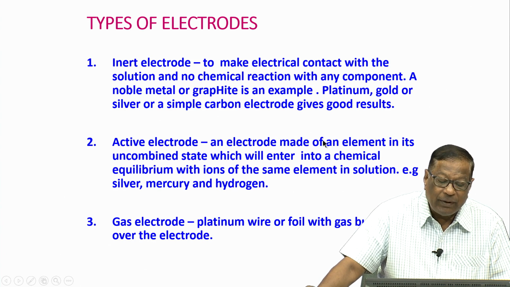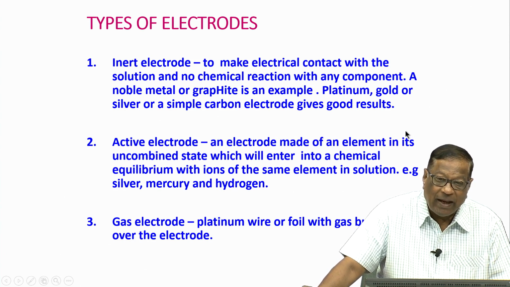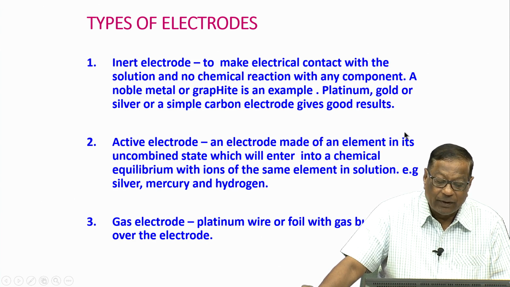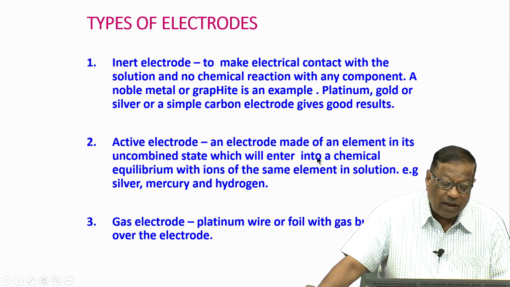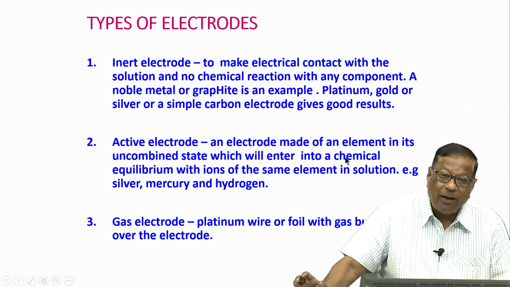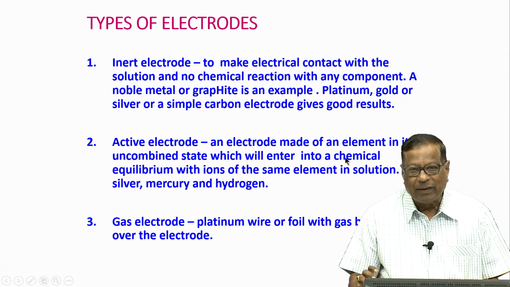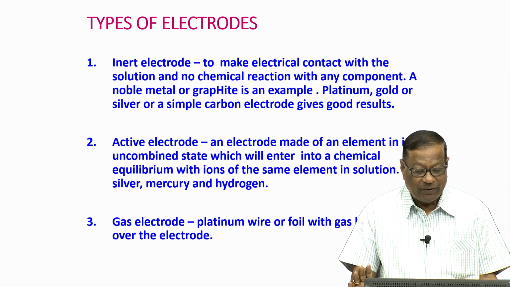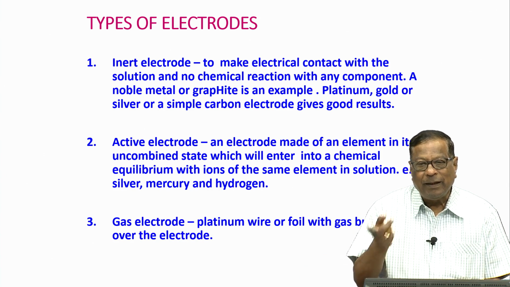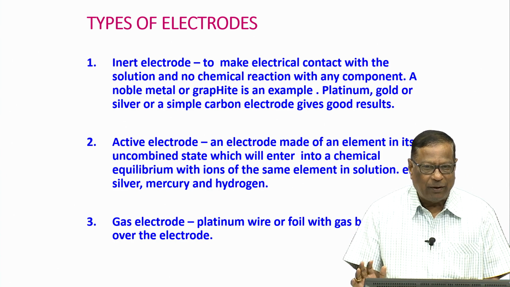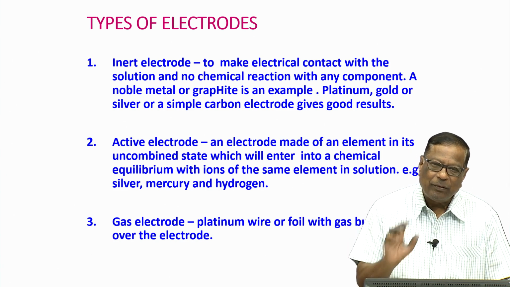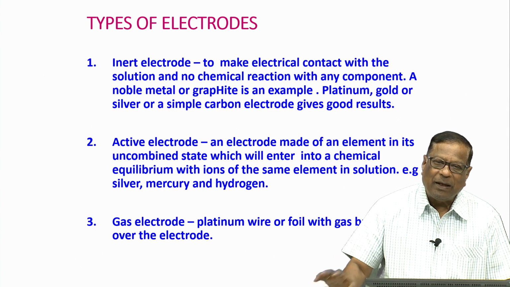Then we know another term, that is known as active electrode. An electrode made of an element in its uncombined state will enter into a chemical equilibrium with the ions of the same element in solution. That means, whichever metal ion I am studying, the electrode has to be made of the same element.